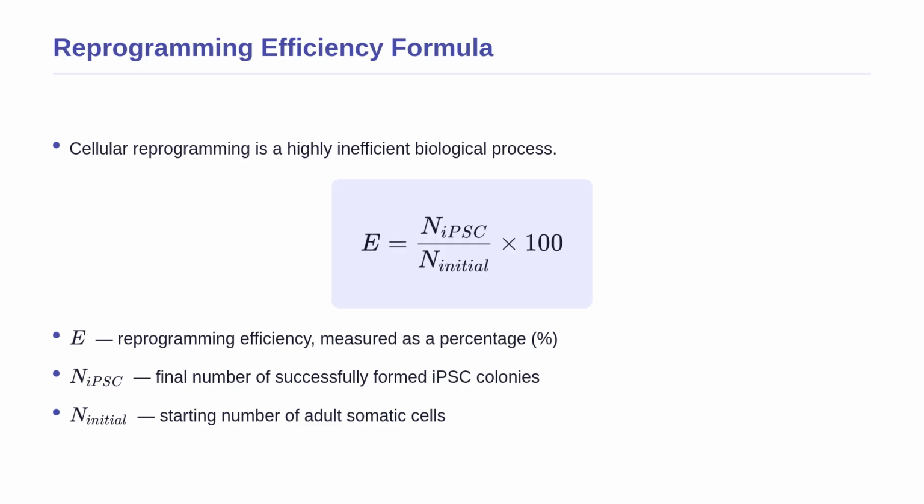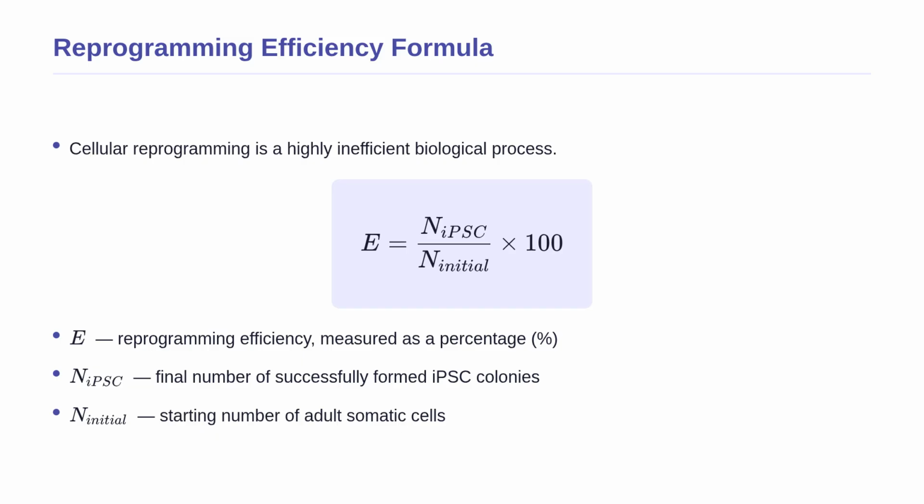While the concept of iPSCs is amazing, the actual process of creating them in a lab is mathematically quantifiable and quite challenging. We measure how well our reprogramming process works using a simple efficiency formula. The formula is E equals N iPSC divided by N initial, all multiplied by 100.